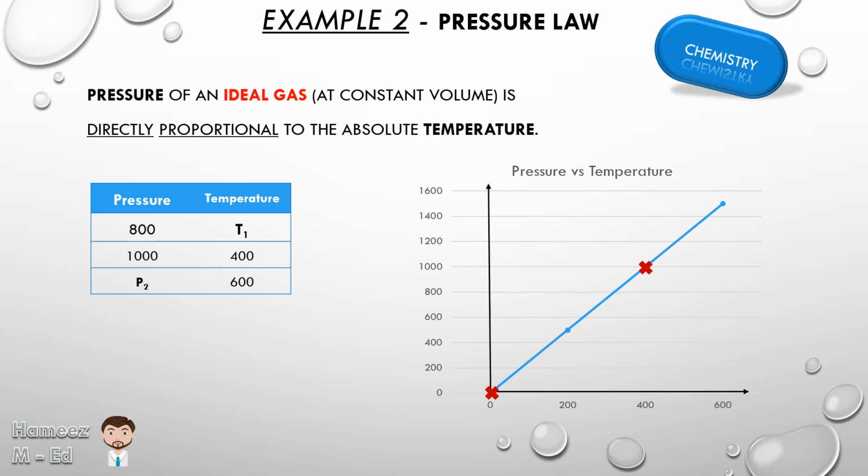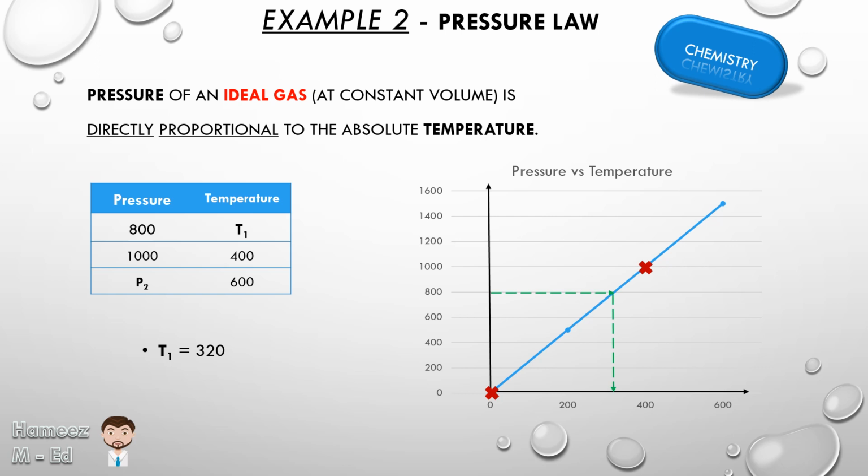Now we can look at the pressure at 800, and from there on the y-axis draw a line going horizontally until we hit the blue line, and then come down vertically and read off our T1 value, which works out to be 320. And similarly, to solve for P2, we know the temperature is 600.